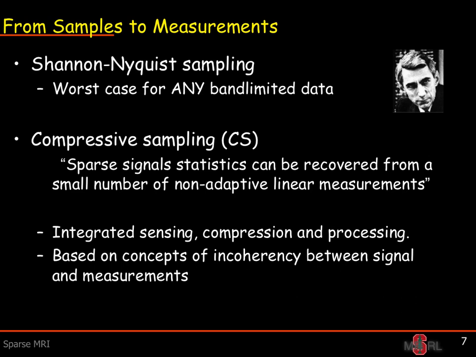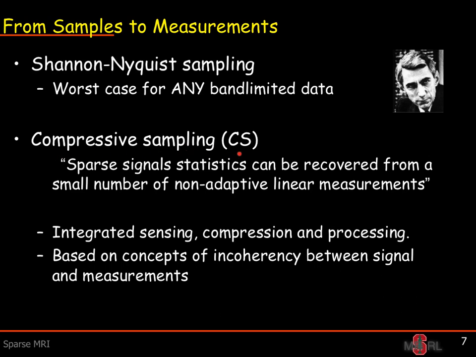Compressed sensing is really a new way of thinking compared to the old way, Shannon-Nyquist sampling, which says that you have to have at least n samples if you want to reconstruct n samples. But this is based on math for the worst case for any band-limited data. By band-limited, we mean the width of the signal in the image domain for MRI.